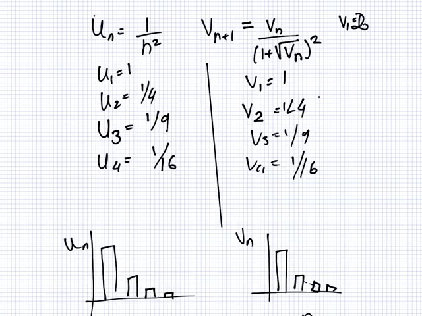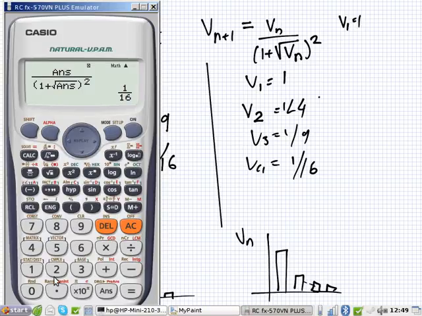Let's see what you would get if you put in 2. You get this instead. And then this, and then this. So a very different sequence, although it's still convergent to 0. Can you see that?